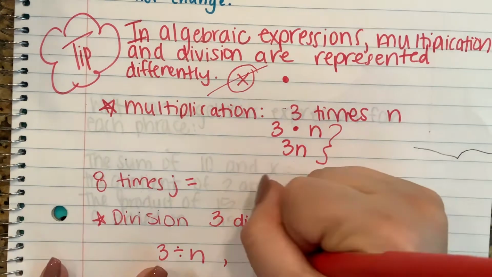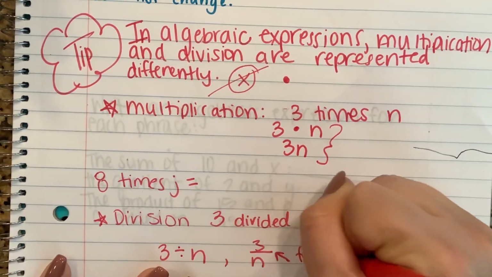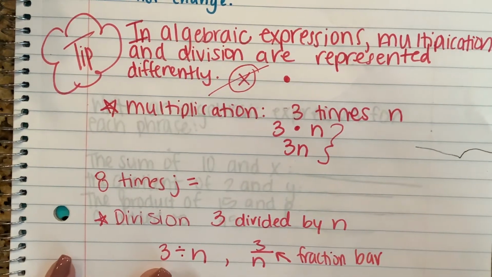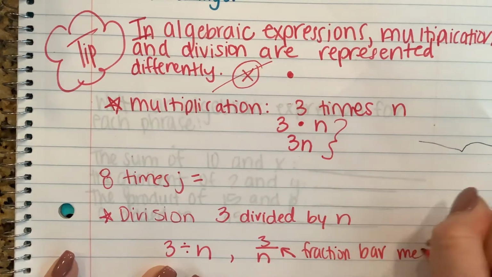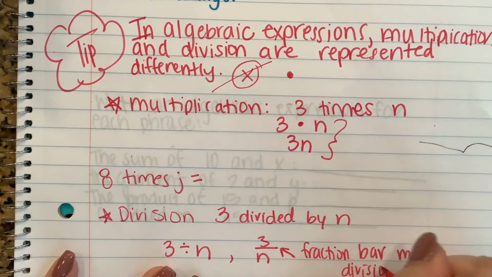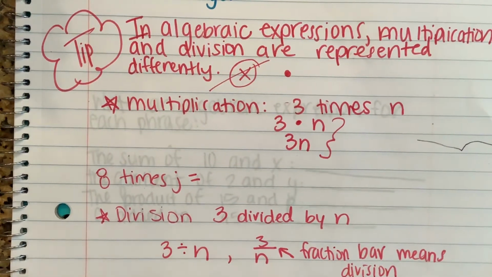Okay, so when you see this fraction bar here, that is telling us that we need to do division. So add something to your notes that says fraction bar means division, something in your own words to help you remember when you see fraction, you need to think about the operation division.